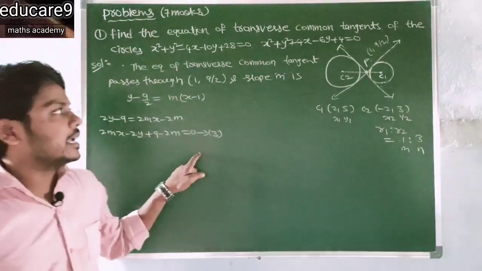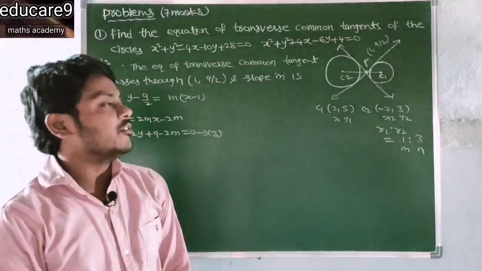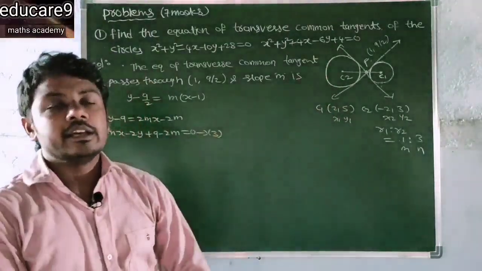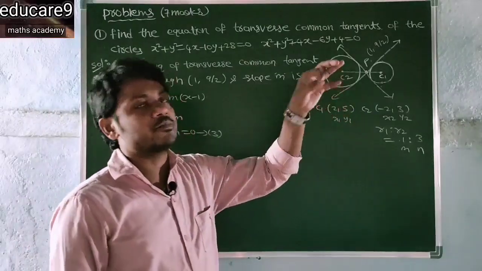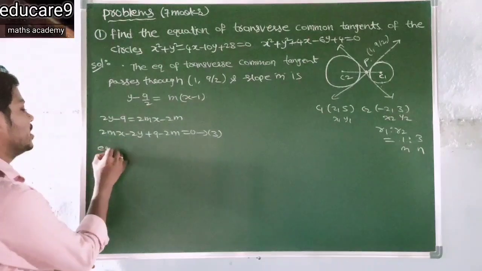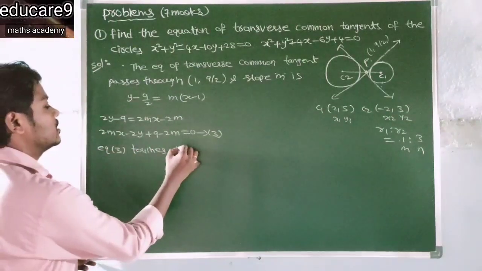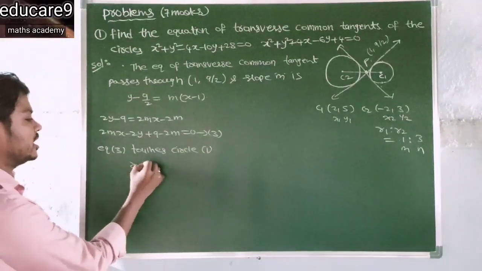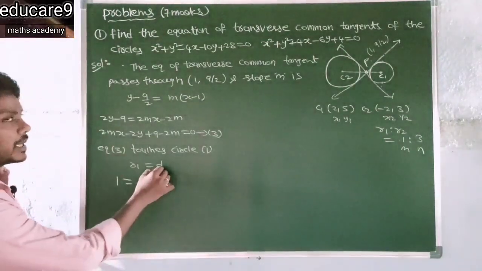So clearly this is the tangent of circle 1 and circle 2. So clearly what is the condition? If any line touches the circle, then radius is equal to d, where d is the perpendicular distance from the center to the tangent line. So see here, equation 3 touches circle 1. Therefore R1 is equal to d. R1 is 1. And d is what?